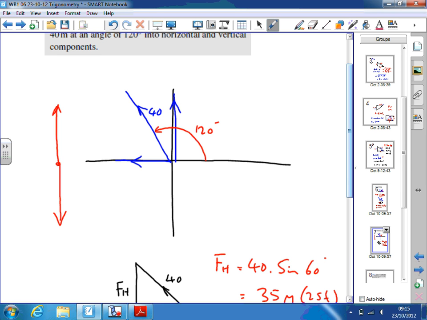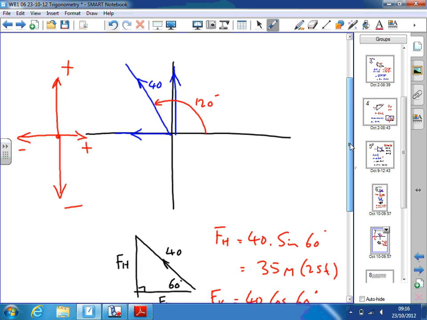I'm going to call up positive and down negative, and I'm also going to set a convention for left and right. And again, it's up to me. I could talk about right being positive and left being negative. So having set my convention and drawn my convention on the diagram, I don't need to draw this convention for the angle because it's set, but I do need to set this convention somewhere convenient up in the corner.